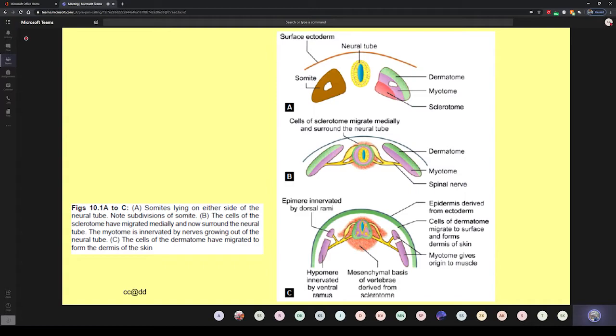So you can make out that our paraxial mesoderm, which is one of the subdivisions of intraembryonic mesoderm, has simply gone on to form, by its differentiation and condensation, something known as a somite.